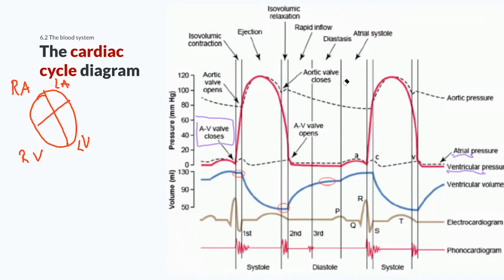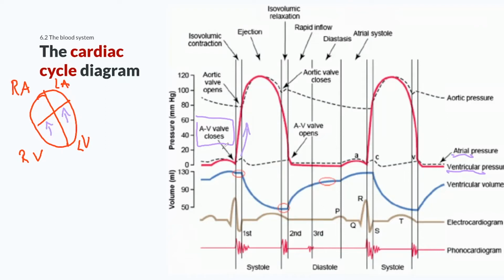So what happens is the blood wants to go back, but the valves close. And now the blood has nowhere to go. All the valves are closed. During this moment, both ventricles are squeezing, but the blood has nowhere to go. That makes the pressure skyrocket.